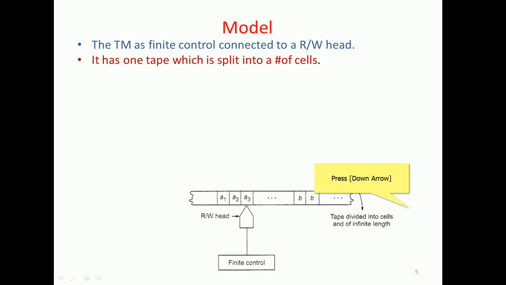Here we have the tape, with infinite length; the irregular shapes indicate the infinite length on either side. The characters are accommodated here: A1, A2, A3, A4, and so on, and on the right side we can see that blanks are there.